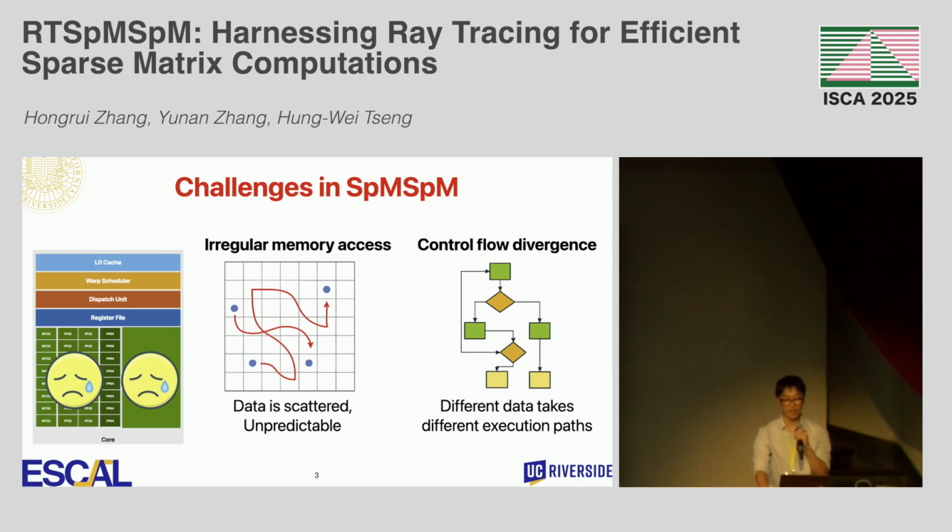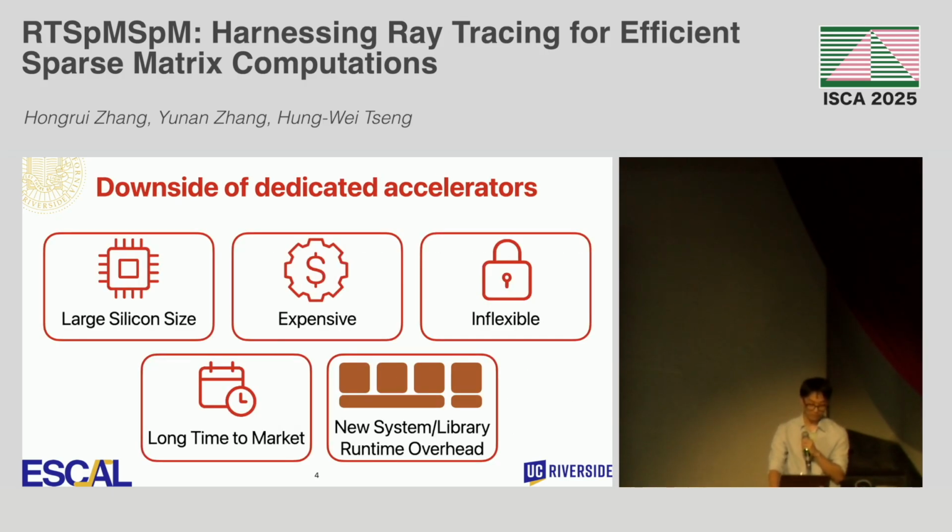This destroys caching efficiencies and leads to irregular memory accesses. Second, every row or column might follow a different computational path depending on where the non-zeros are. This causes control flow divergence, which is excessively painful for SIMD processors like GPUs that rely on synchronized execution.